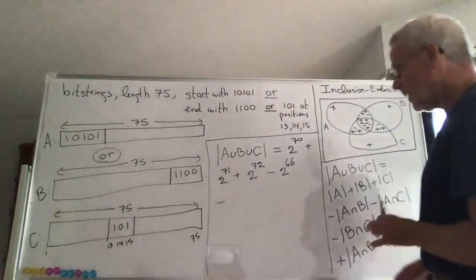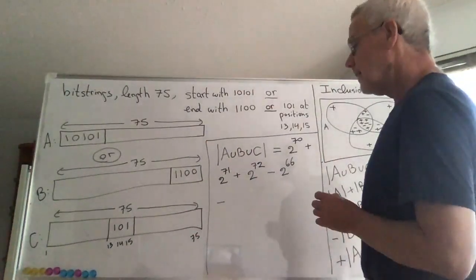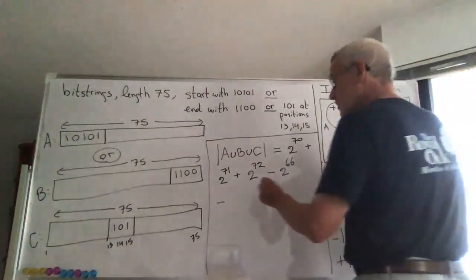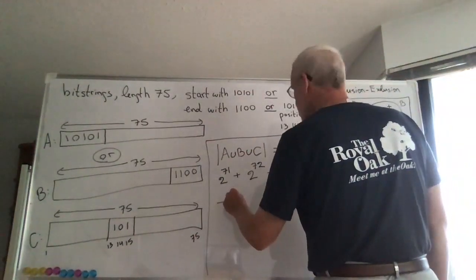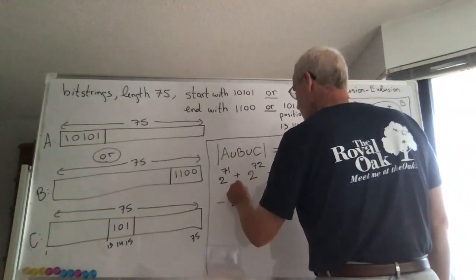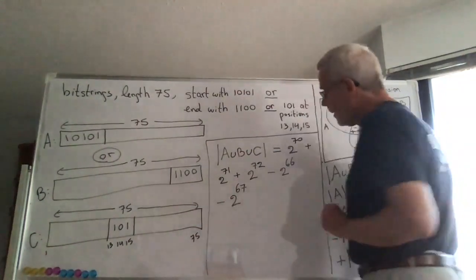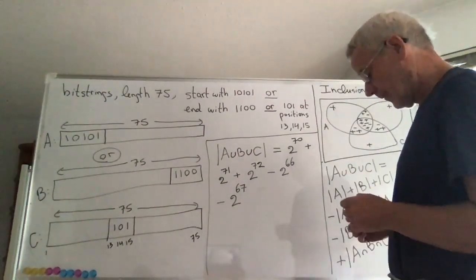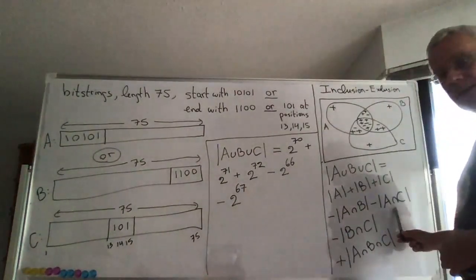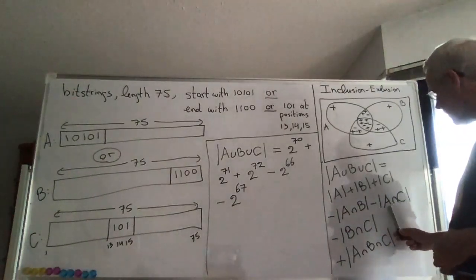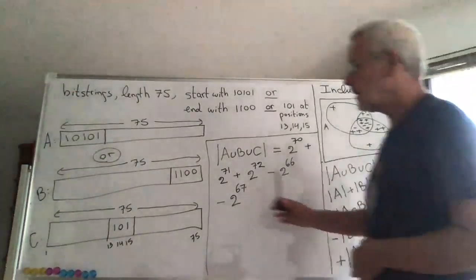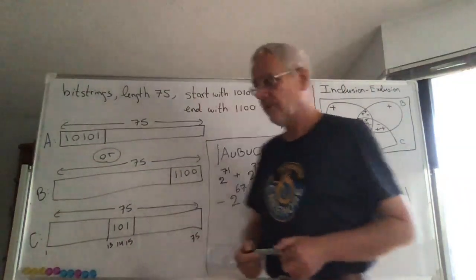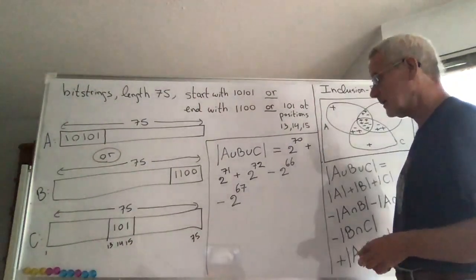So we have to choose 75 minus 8, which is 67. Is that 67 plus 8? Yes, that's 75. So the intersection of A and C, 5 bits are fixed, and these 3 bits are fixed, so we have to choose 67 bits.